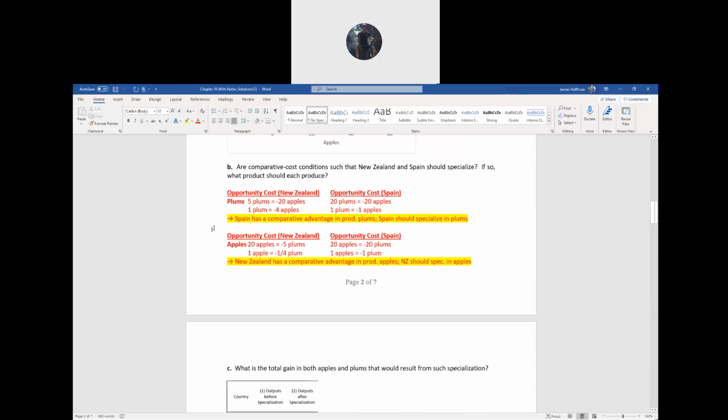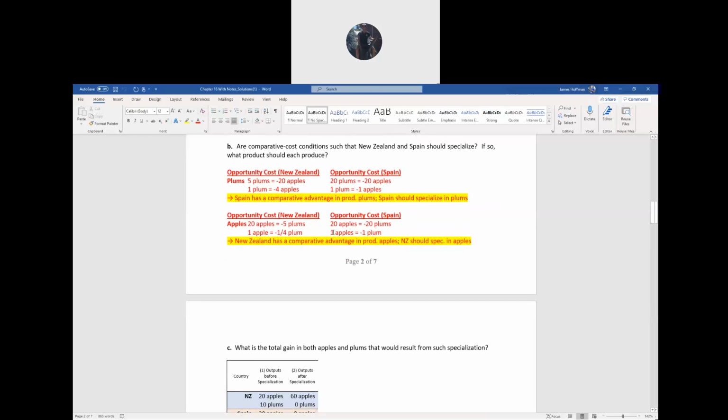Now, initially, they could have given up one plum for one apple, 1 to 1. So initially they're giving up 1 to 1 for Spain. So if they're going to specialize in plums and gain apples in the trade, then they've got to get at least a little bit better than one apple.